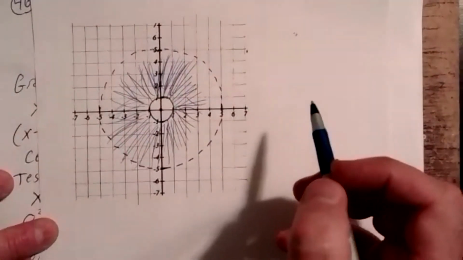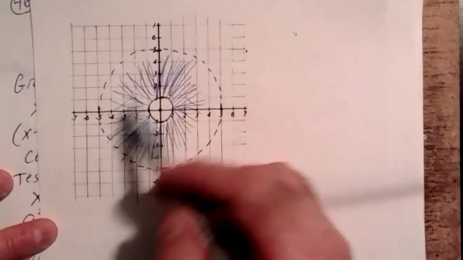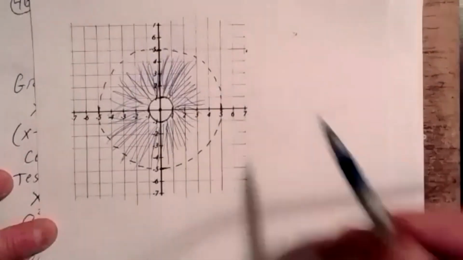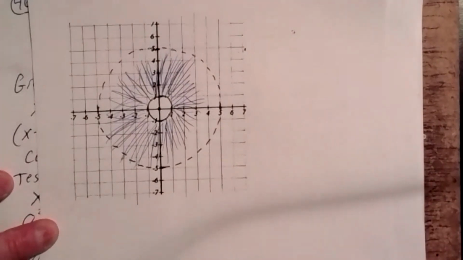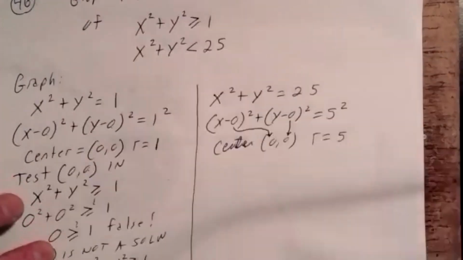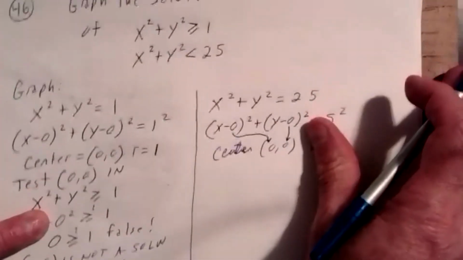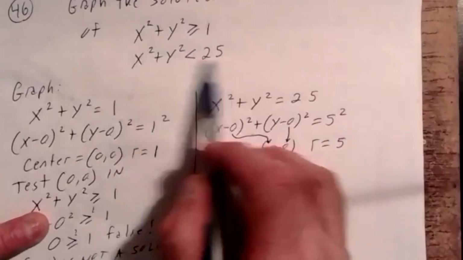We just have to decide one more thing. Do we shade inside this dashed circle or outside? To answer that question, we have to test out a convenient test point in our second inequality. And since 0, 0 is available, our graph does not go through 0, 0, we can test it out.